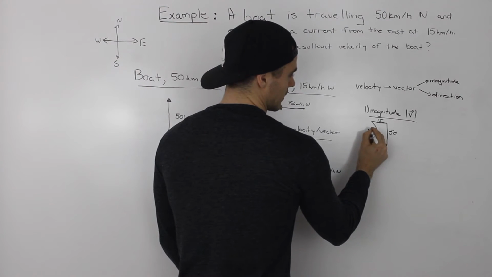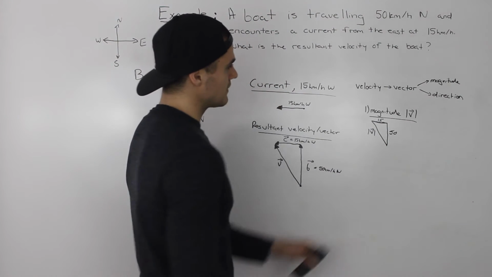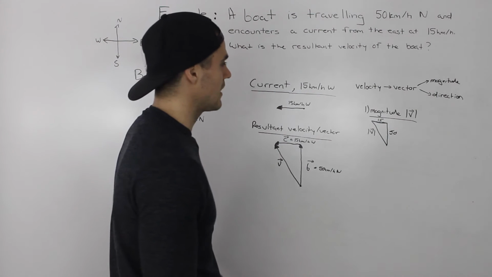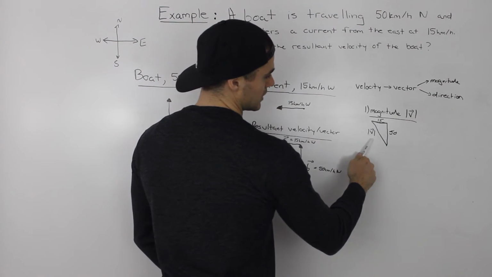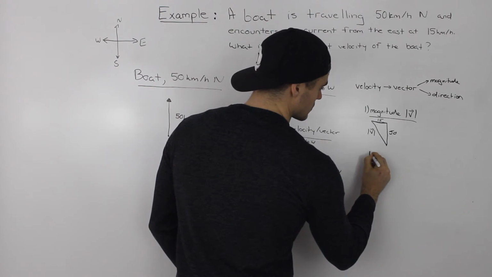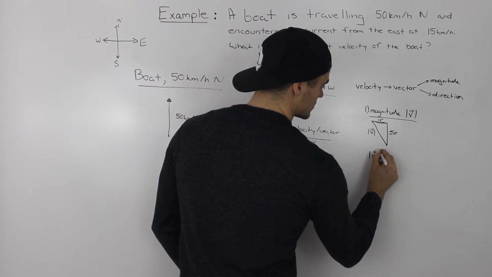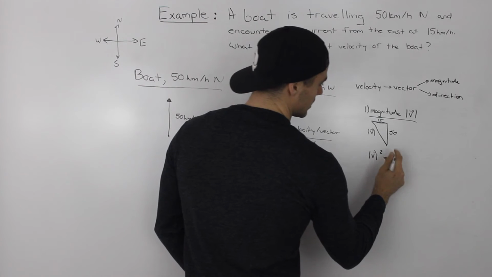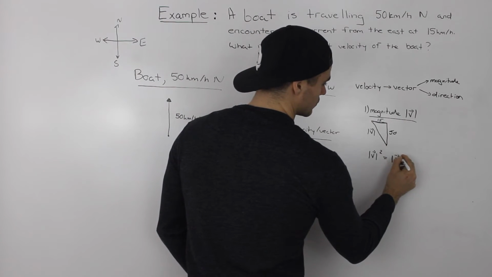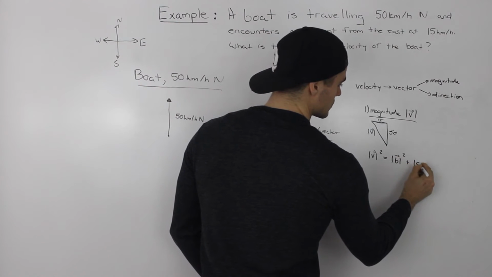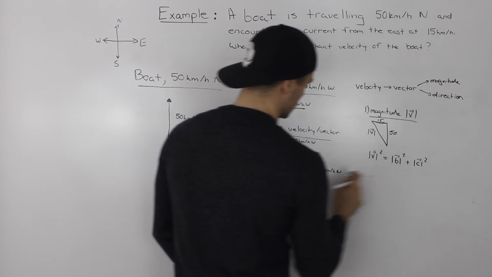Since it's a right angle triangle, to find the magnitude of V we can just apply Pythagoras' theorem. Basically, a squared plus b squared equals c squared. So the magnitude of V squared equals the magnitude of the boat squared plus the magnitude of the current squared.